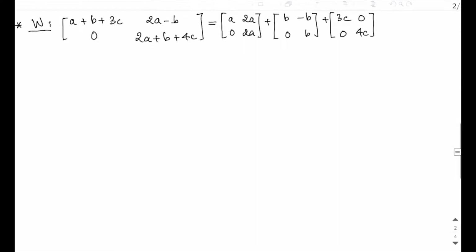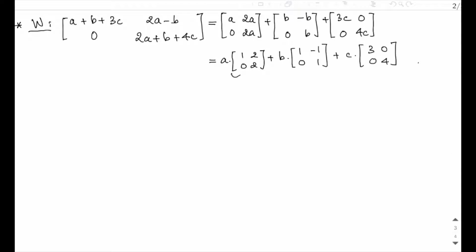And now I'm going to pull out the scalars a and b, and do the same for c as well. Now if I call these matrix A, matrix B, matrix C, then this equation shows us that W is spanned by A, B, and C.